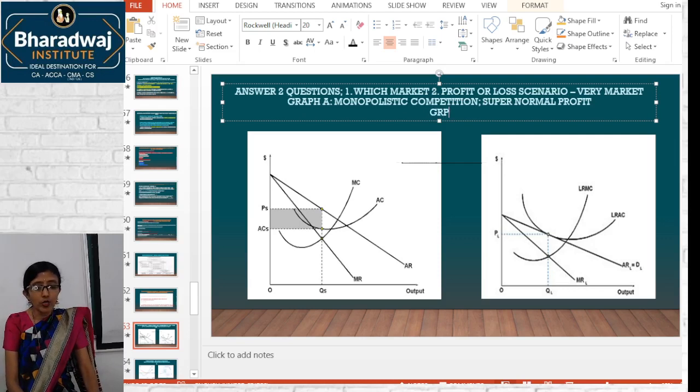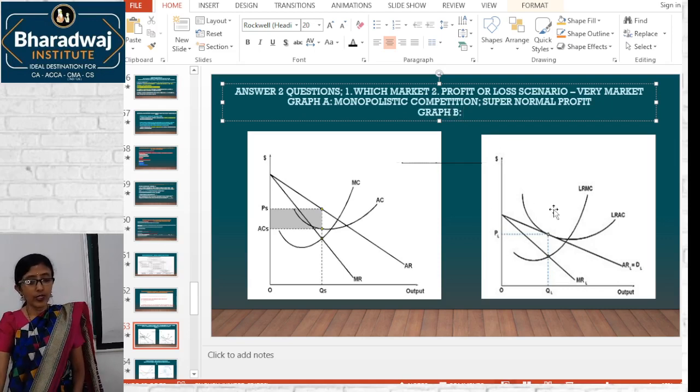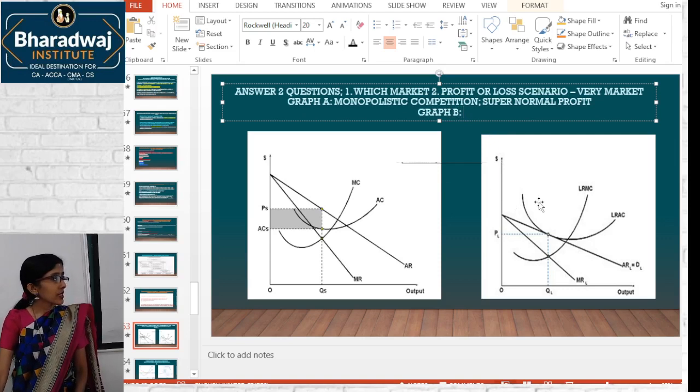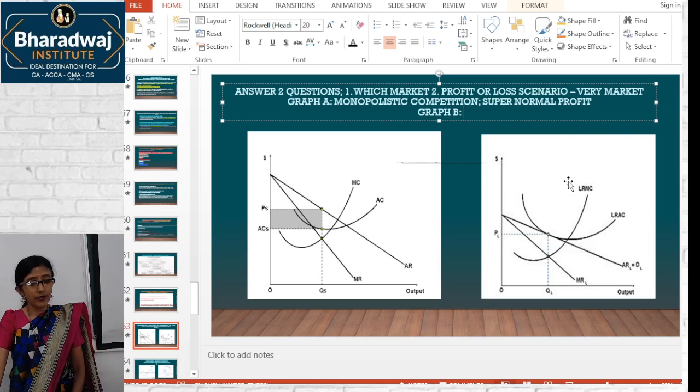What is your opinion about graph 2? Is it a perfect competition, monopoly, duopoly, monopolistic competition, oligopoly, bilateral monopoly, monopsony, whatever you want, you say. What is this? Second one. This one. Second one, where the cursor is showing that graph.